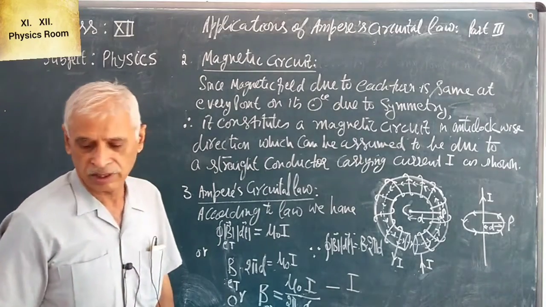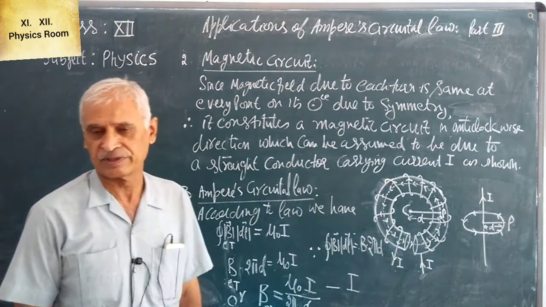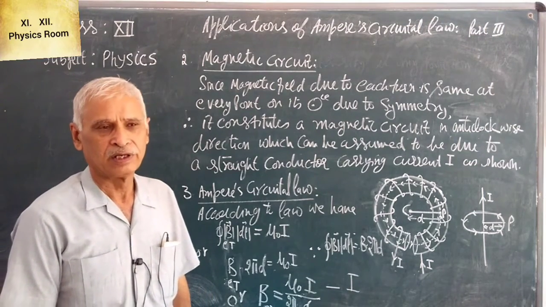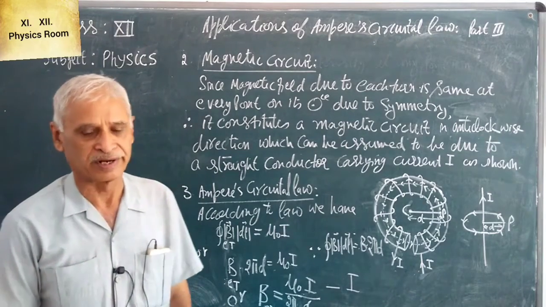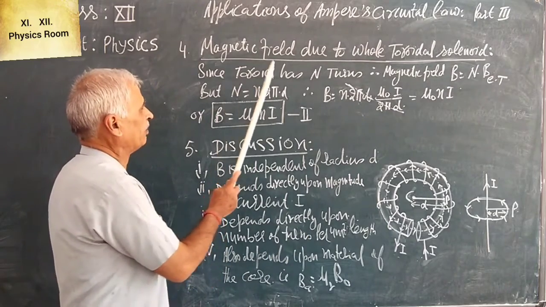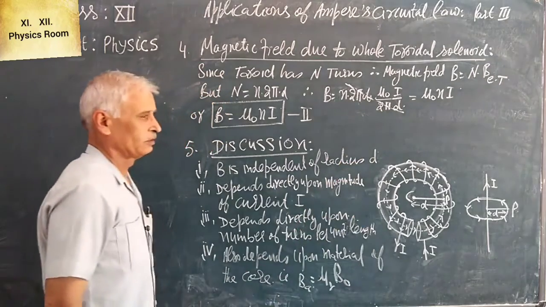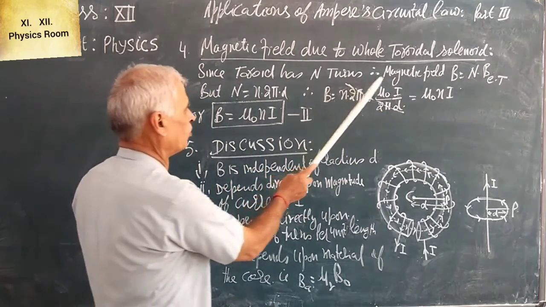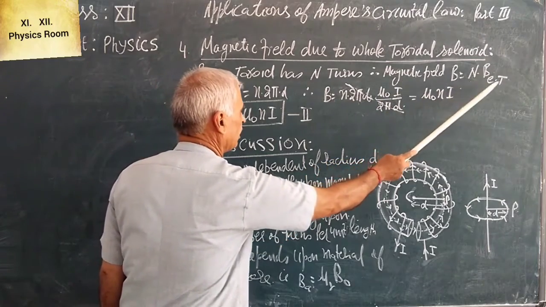Now since this coil has N number of turns, capital N is the number of turns, and we have to find out the magnetic field due to N turns, that is the whole toroidal solenoid. Now, magnetic field due to the whole toroidal solenoid. Since the toroid has N turns, therefore magnetic field B will be equal to N into B each turn.